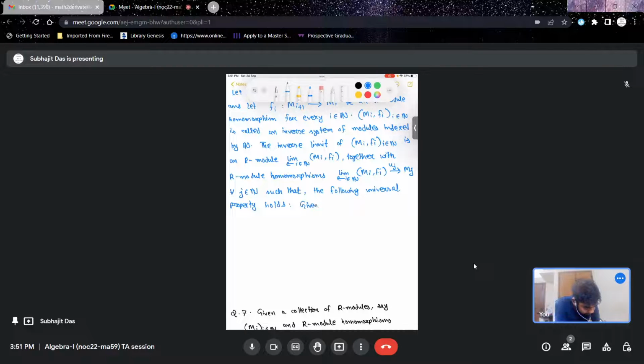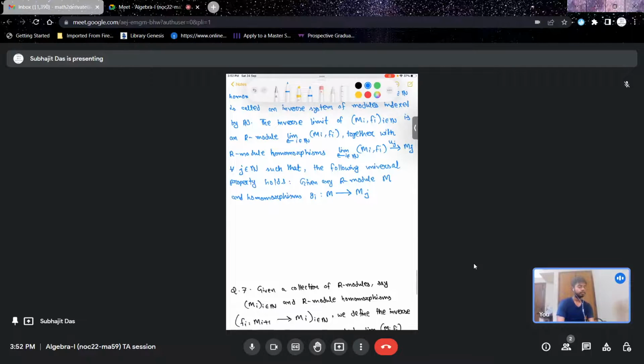That is, given any R module, let's say M, and R module homomorphisms, that is, given any pair M together with homomorphisms Gj mapping M into Mj.